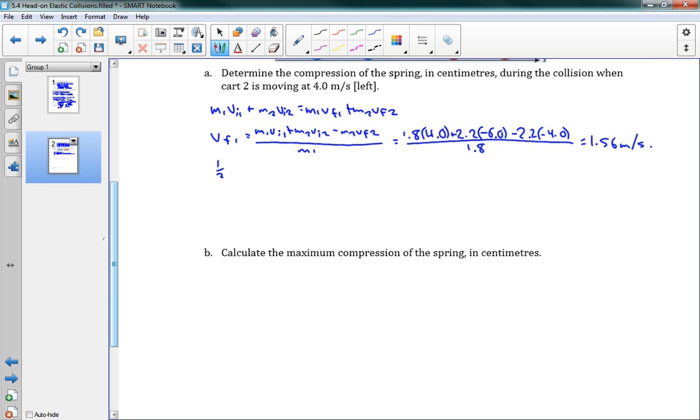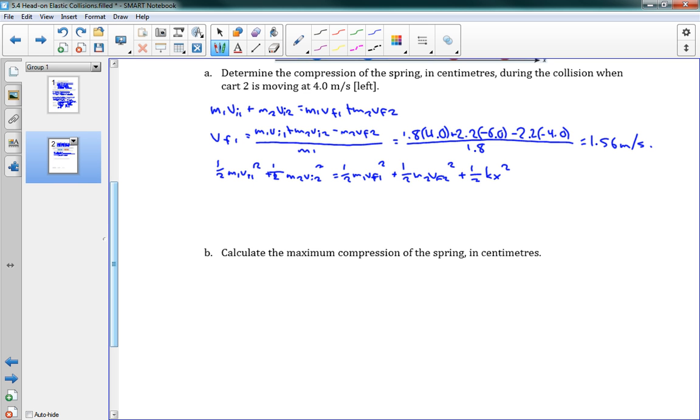And that looks like 1/2 m1 vi1 squared plus 1/2 m2 vi2 squared is equal to 1/2 m1 vf1 squared plus 1/2 m2 vf2 squared plus 1/2 kx squared, sorry.